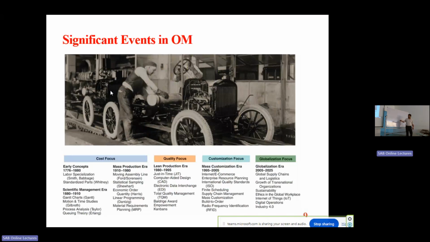Beyond that, the current period is known as globalization focus, connecting with various different suppliers and businesses outside the country, and together producing, delivering and supplying to the global supply network. Can you understand?